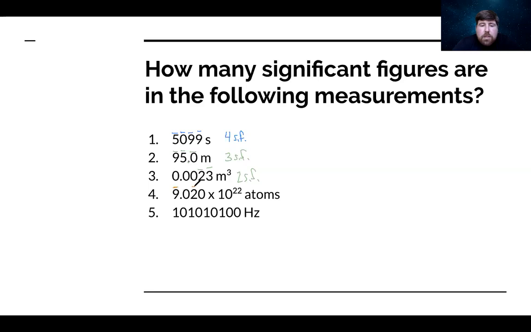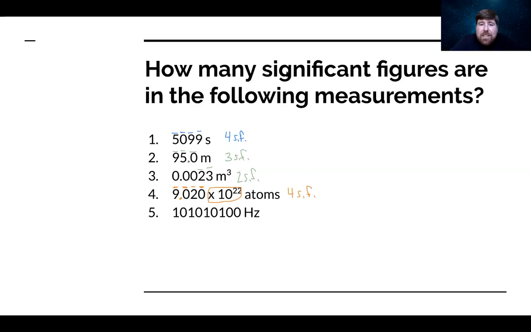The 9 and the 2 are significant, and the 0 in between the 9 and 2 is also significant because it's a trapped 0. The 0 at the end is a trailing 0, and it's significant because there's a decimal present. In terms of scientific notation, where we have this number written off to the right-hand side, we can just ignore that when we're trying to determine how many significant figures something has. This measurement has 4 significant figures.